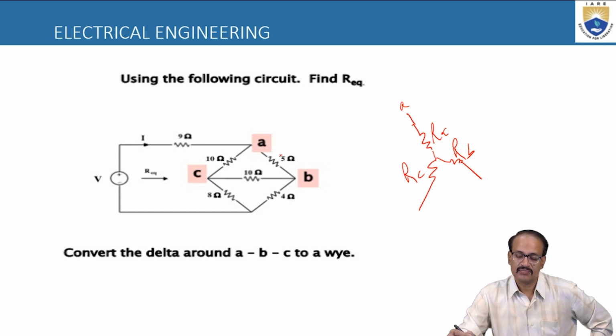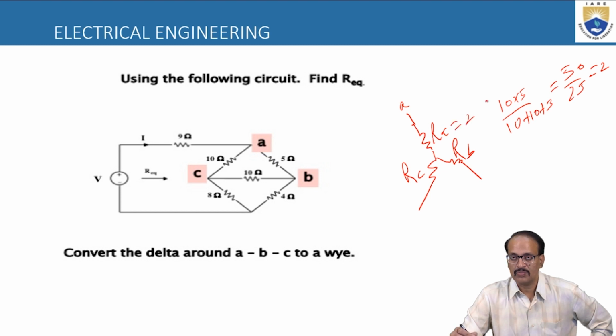So 10 into 5 divided by the sum of all three resistances, that is 10 plus 5 plus 10. That is 50 by 25, which is equal to 2. So this value I will get is 2. And I will come to point B.